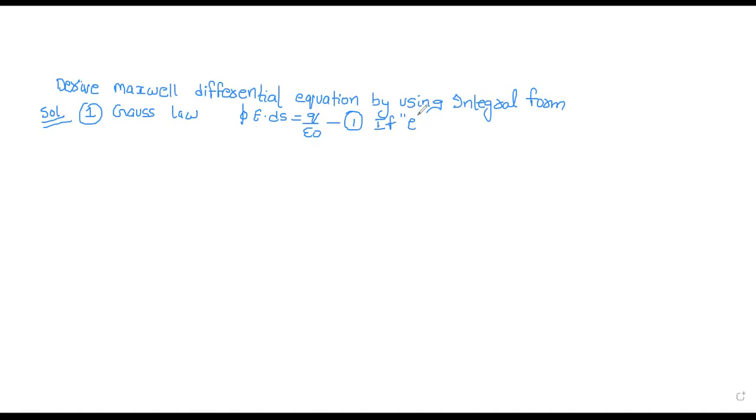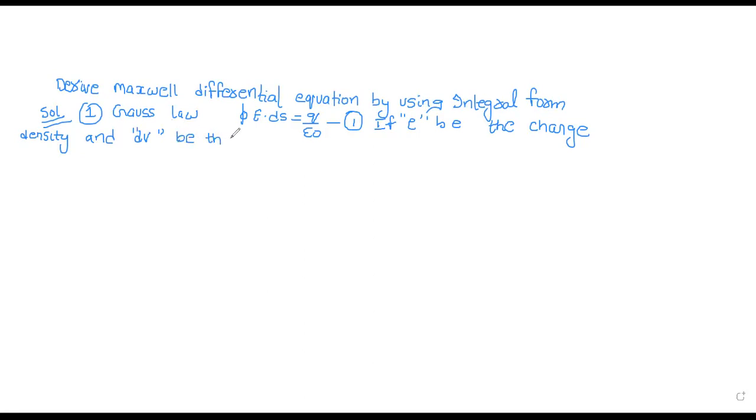Let rho be the charge density, and let dV be the small volume.